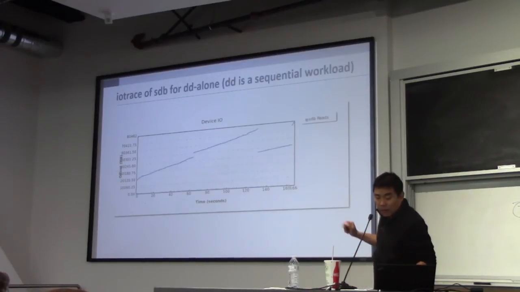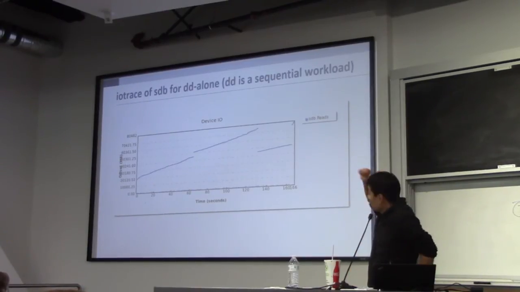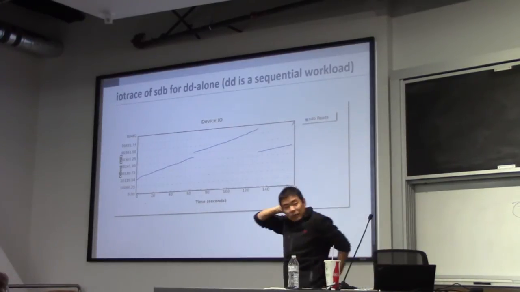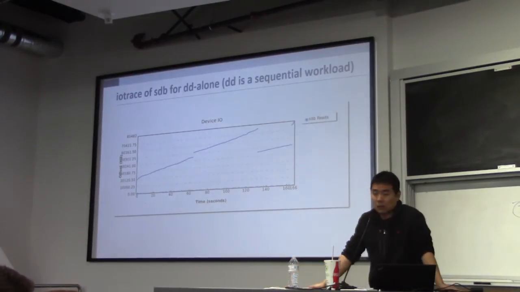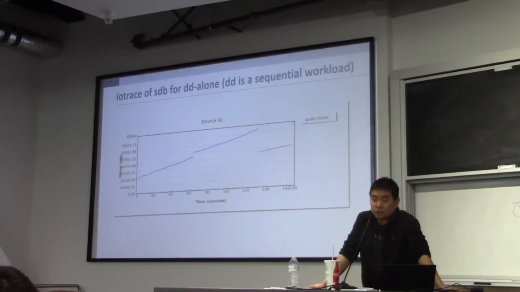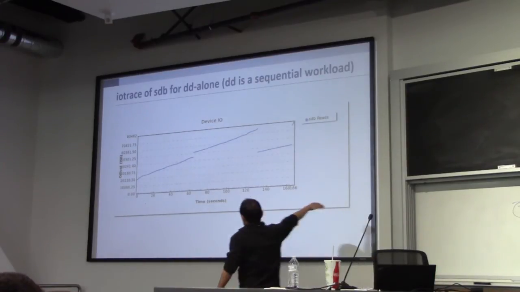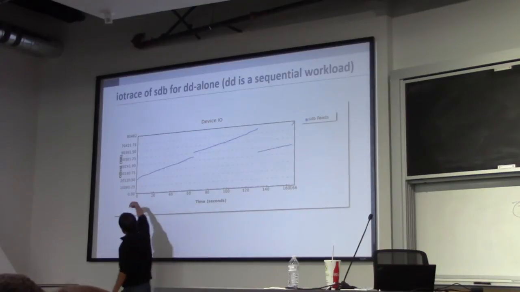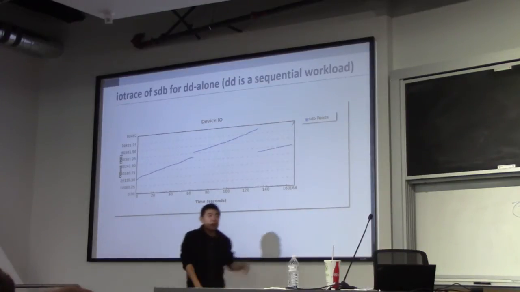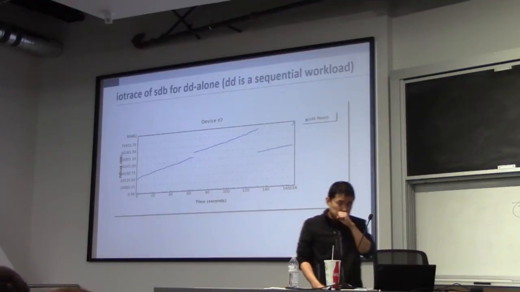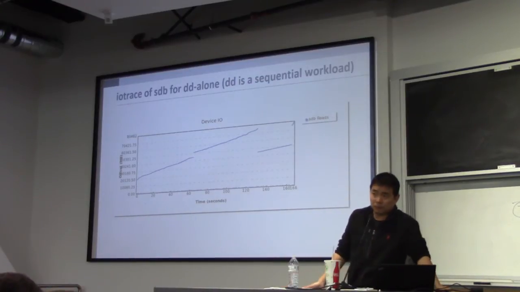So I'll show you some experiments we have run. In this case, I'm using this particular block device driver, and this is the time of your execution. The y-axis is the offset in bytes.